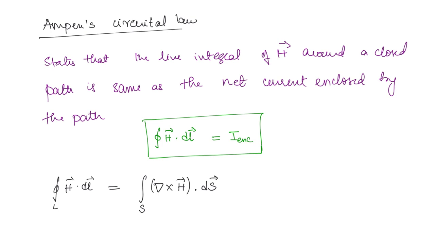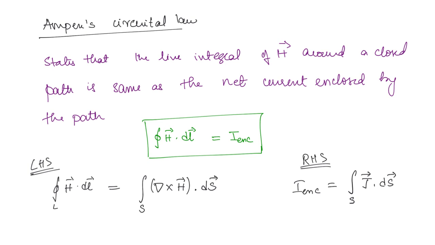So the left hand side of Ampere's equation we can write as the surface integral of del cross H bar dot ds bar. Okay. And what about the RHS? The current we can express in terms of the current density. So if you express in terms of current density, we are going to get a surface integral. Okay. So the integral over the surface of J bar dot ds bar.